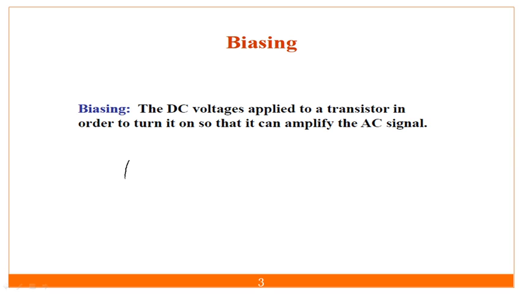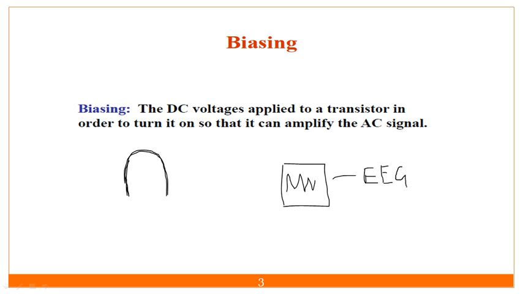Let's suppose this is your head, and if some problem is there in the head, what we are doing is connecting it to a computer, and here you will get a graph of EEG, that is electroencephalogram, which gives the activities of the brain.